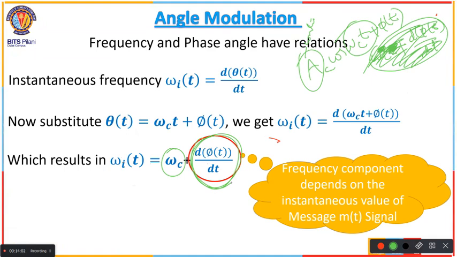So if I say this is proportional to the message signal m of t, I can just write d phi of t by dt is equal to some proportionality constant times m of t. There is no harm in writing that.